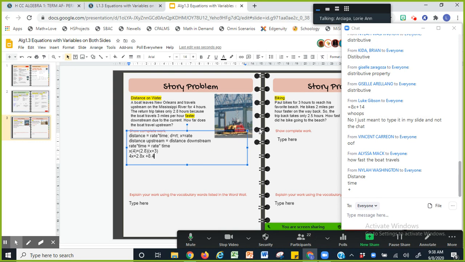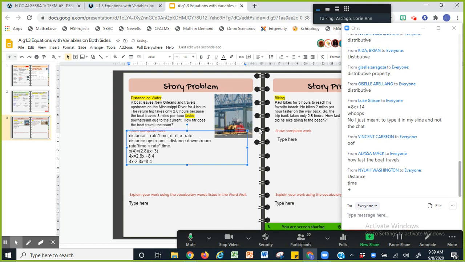None? You guys sure? Okay, so now we're going to collect the like terms together. So 4x, we have to move that positive 2.8 and make it negative, and leave the 8.4 over there.